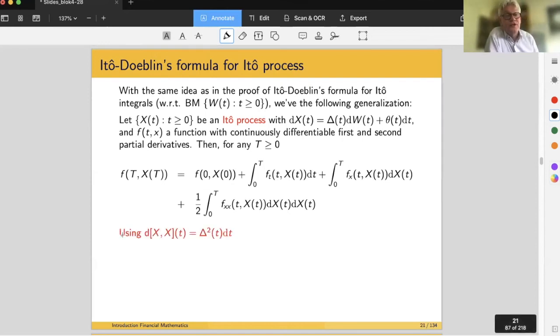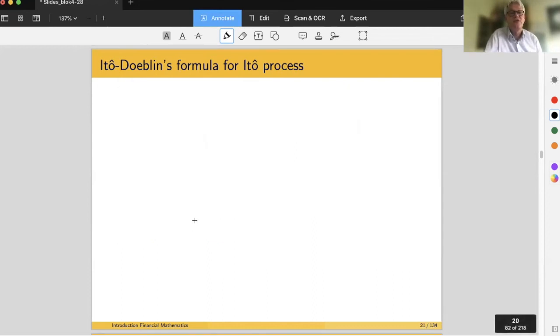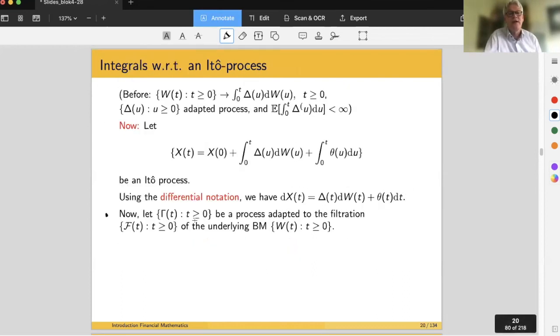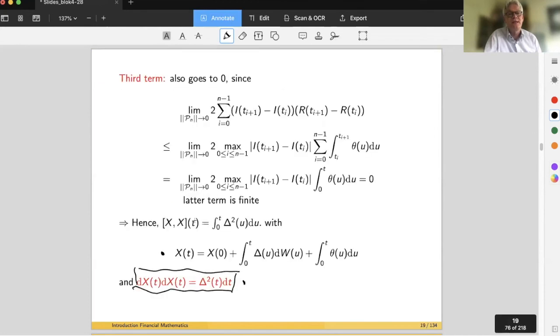And let's use, moreover, the fact that we have just found that dx t dx t is equal to delta square t dt, the form that we found in the previous slides, related to the quadratic variation of the Ito process.